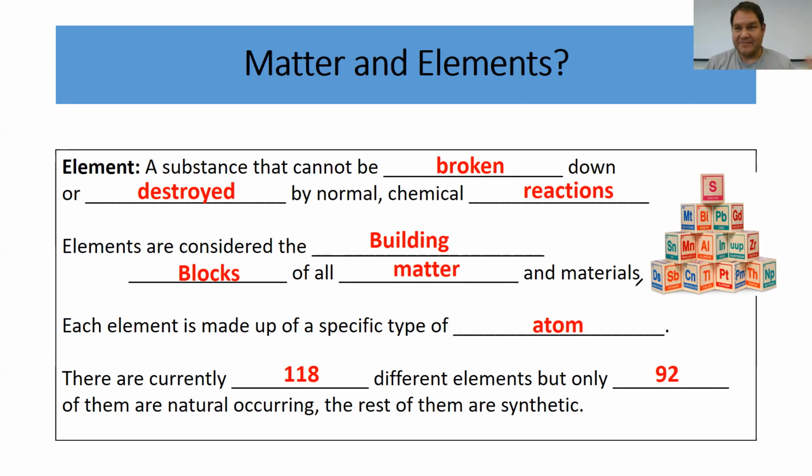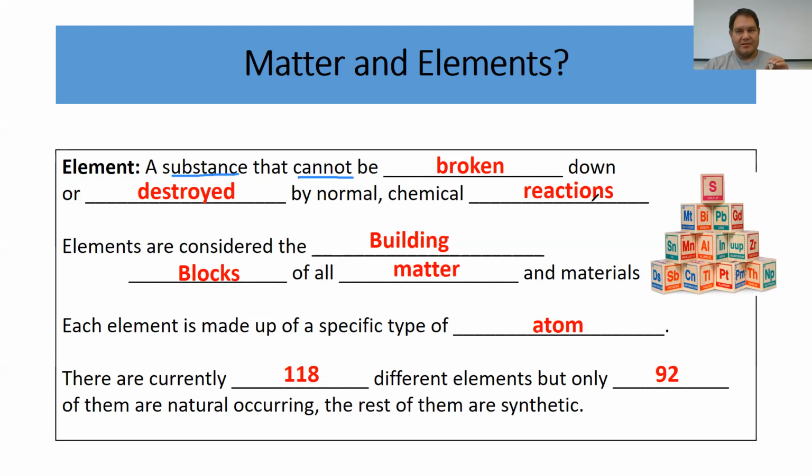Now, by definition though, a little bit more scientific definition, we can think of an element as a substance that cannot, and this is important, cannot be broken down or destroyed by normal chemical reactions, all right? So once an element is made, it cannot be broken, it cannot be destroyed by everyday chemical processes.